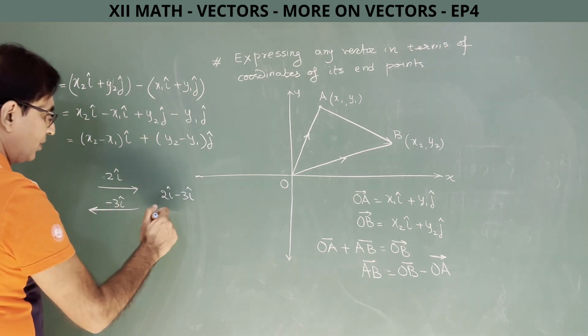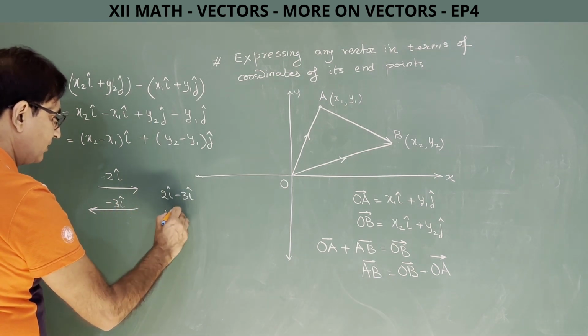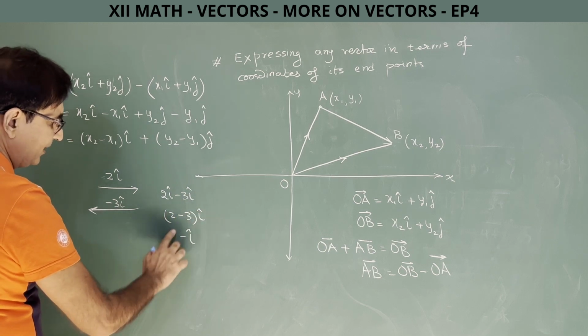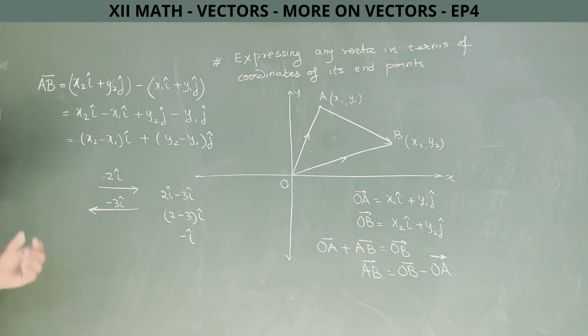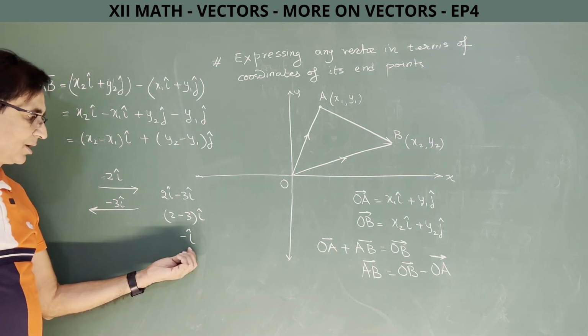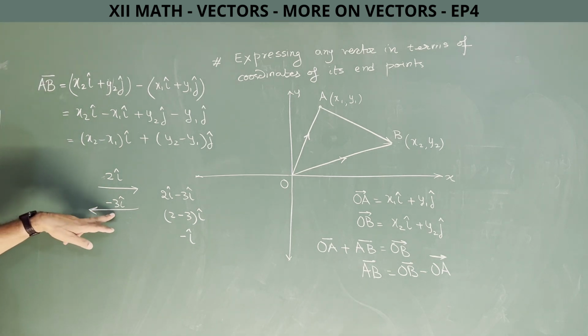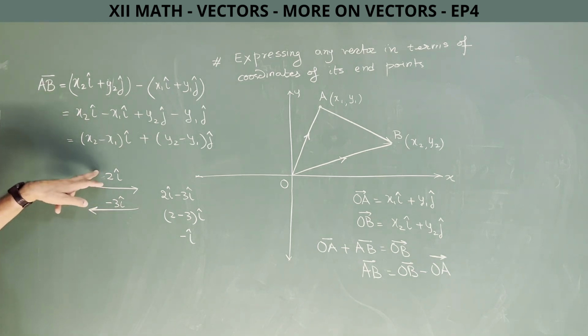So what is this? You take i common, 2 minus 3, and you write i here, so it is minus i cap. You know what is minus i cap? A vector of magnitude 1 pointing along the x axis, but in the decreasing direction of x. So the sum of 2i and minus 3i is also the same.